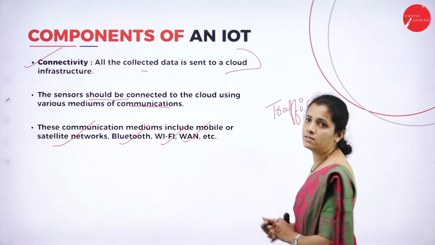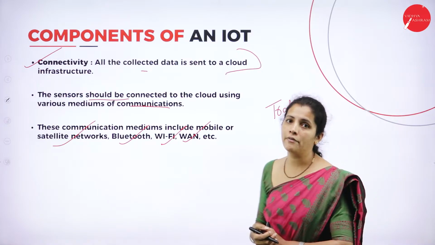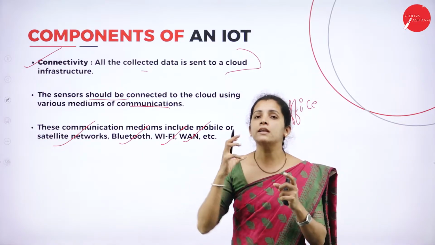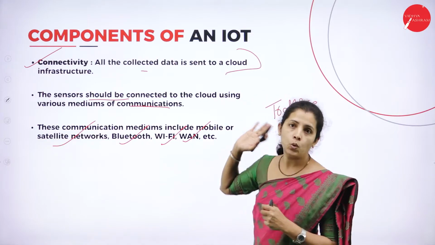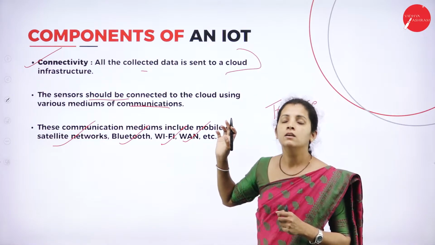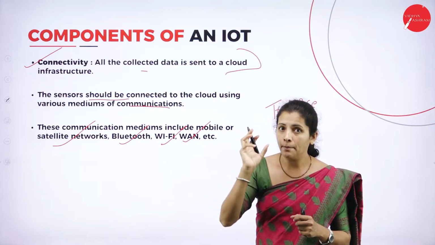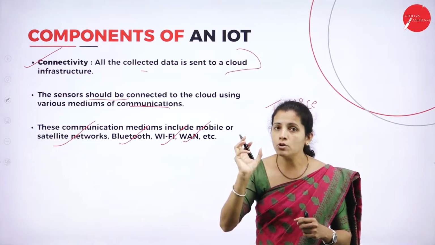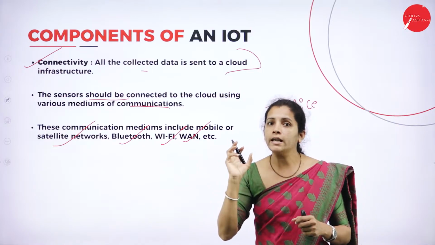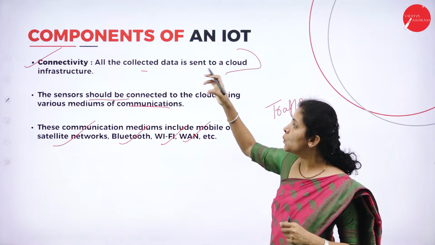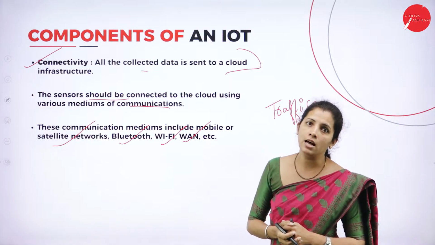Traffic management system. If I consider traffic, how is it managed by using IoT? We have a camera responsible for sensing the data. All the captured data are stored in the cloud infrastructure.